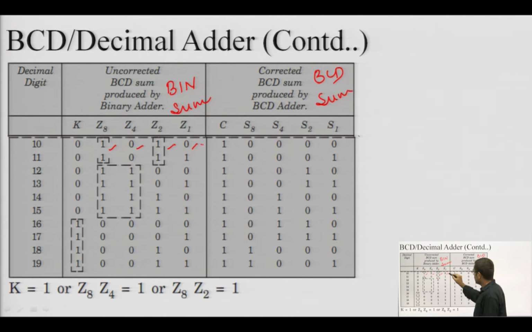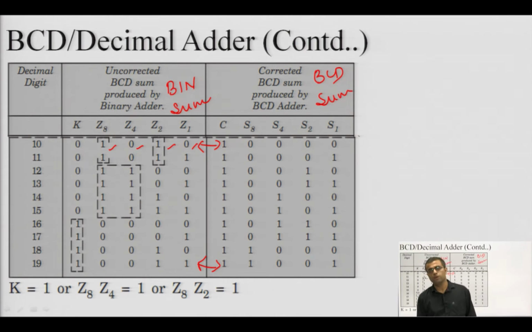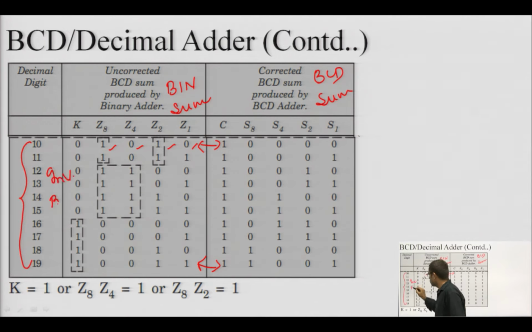You can see that none of these cases are identical, all these cases are different, because 10 to 19 are my invalid BCD. Now, how to convert this invalid BCD into a valid BCD? It is a simple rule, we have to add 6.